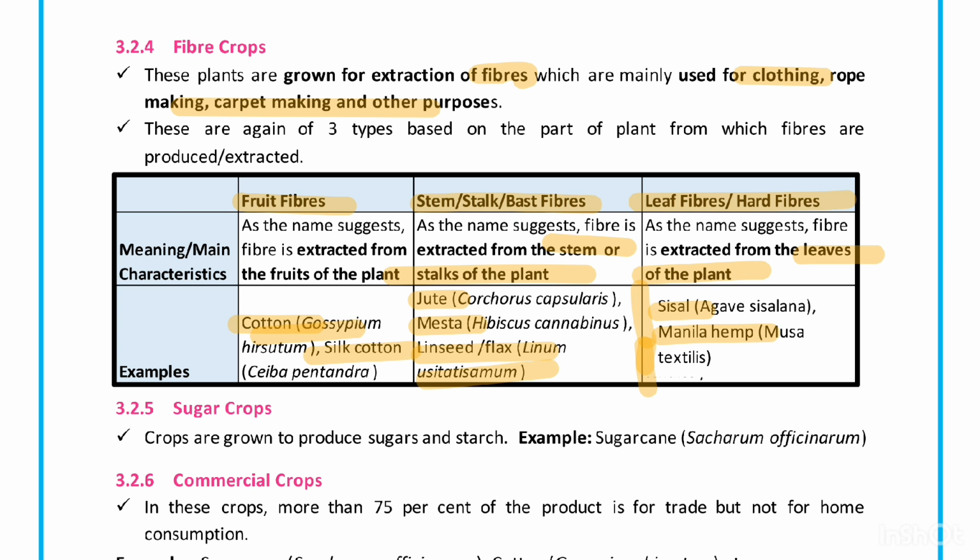You can see the picture also. Here, a person is taking out the fibers from the leaf of the crop, and these fibers are processed for making other things. That's why it's called leaf fiber or hard fiber. I hope you understand this topic.